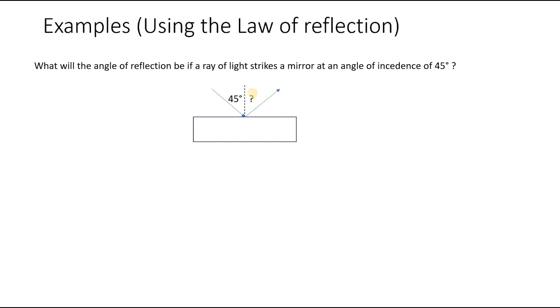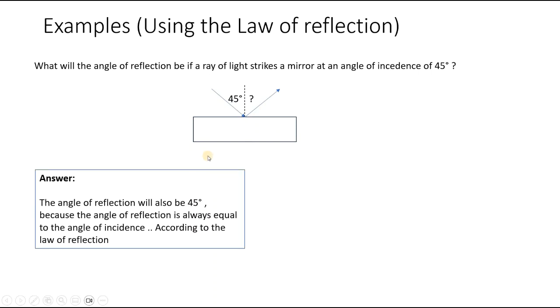If you use the law of reflection of light, we know that the angle of incidence and the angle of reflection are always the same, and therefore the angle of reflection will also be 45 degrees, according to the law of reflection.